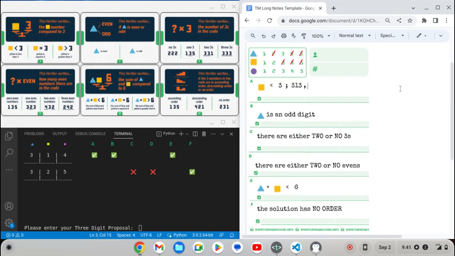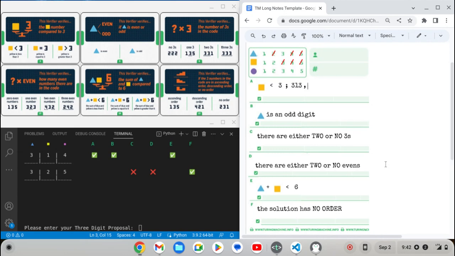So if we have 2 3s, and obviously we can't have 2 evens, so we'd have to pick the no even route. And so yeah, that's why 313 works. And that's the only possibility where we have 2 3s.